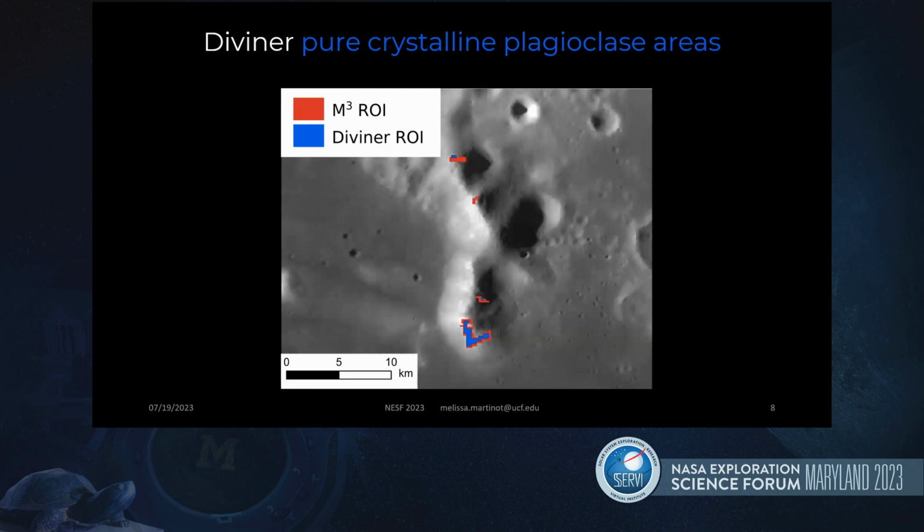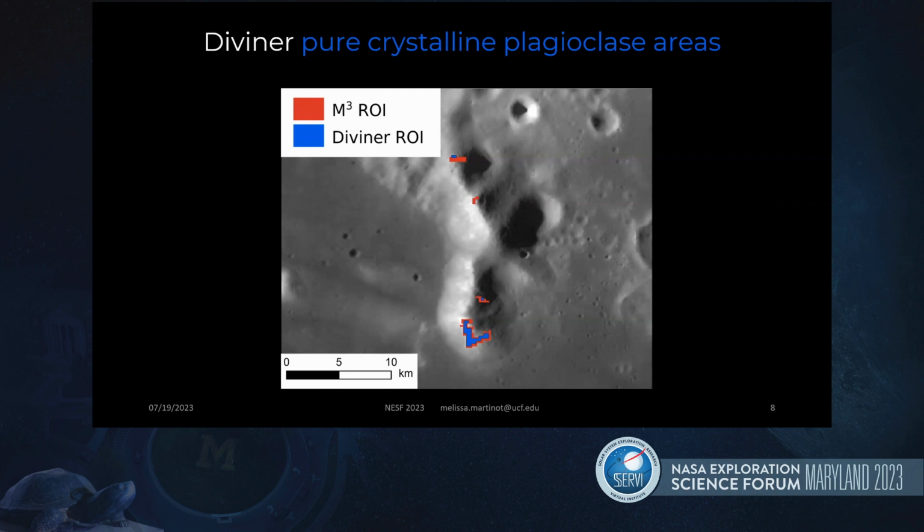There are a couple of problems when comparing M-cubed and Diviner data. One of them is that the M-cubed selenolocation is not exactly perfect, so we had to manually reproject the data so that we're sure we are looking at the same location on the surface in both data sets.